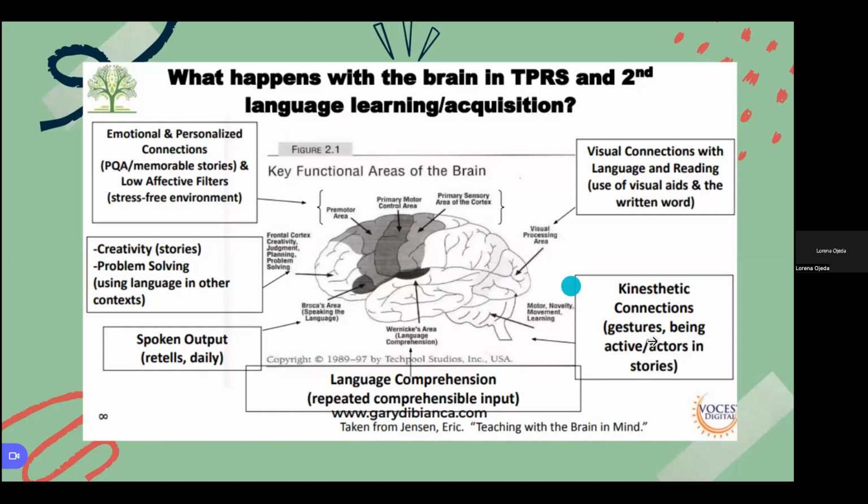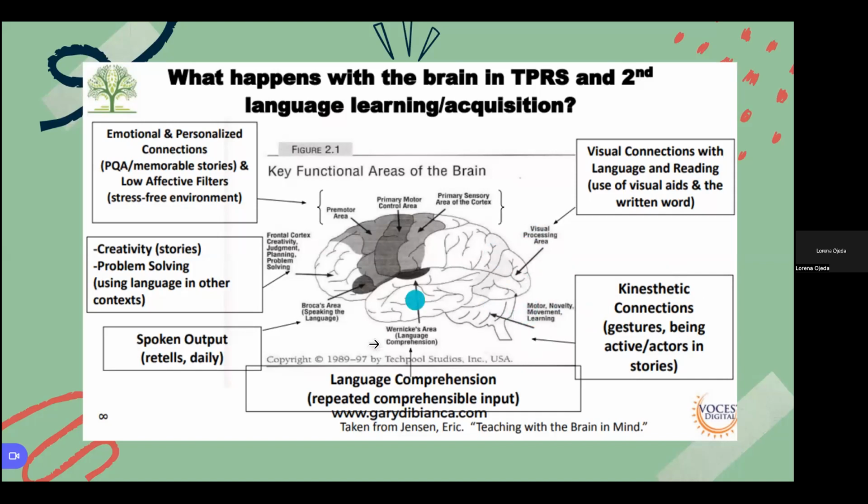When we do the charades or we do the class-based or story-based projects, we also activate our motor skills, the back part of the brain that is responsible for all those kinesthetic connections. And we can also bring those stories to life by representing the stories, which would be really fun.